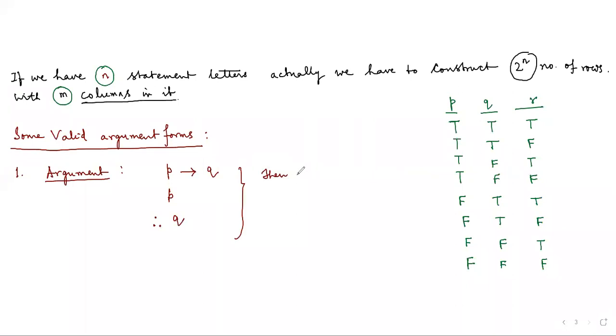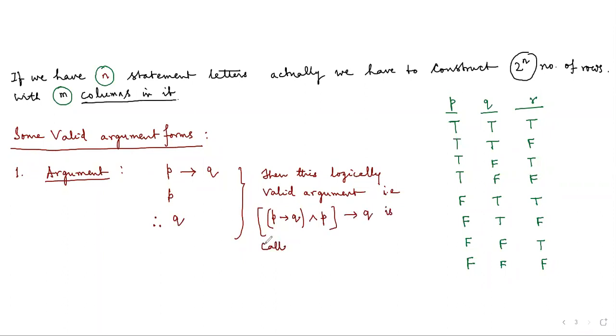This logically valid argument, that is, P implies Q and P together implies Q, is called modus ponens.